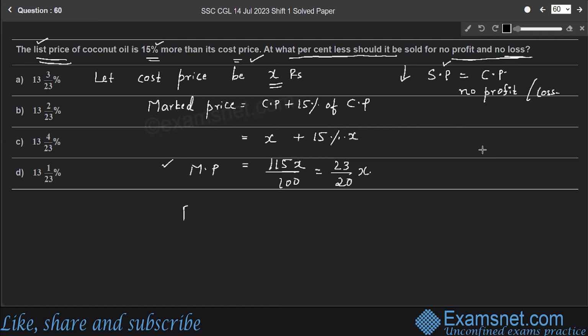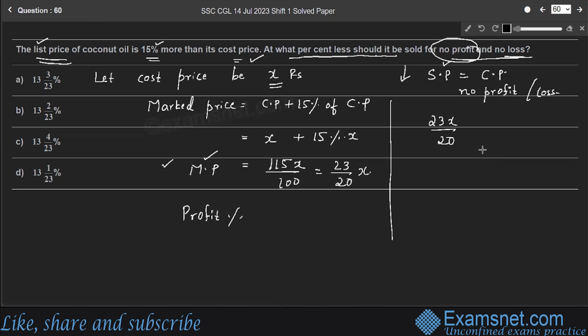If there is a profit, in order to get no profit, we need to subtract that profit percentage on the market price from the market price. I'll repeat once again. Here the market price is 23x by 20.